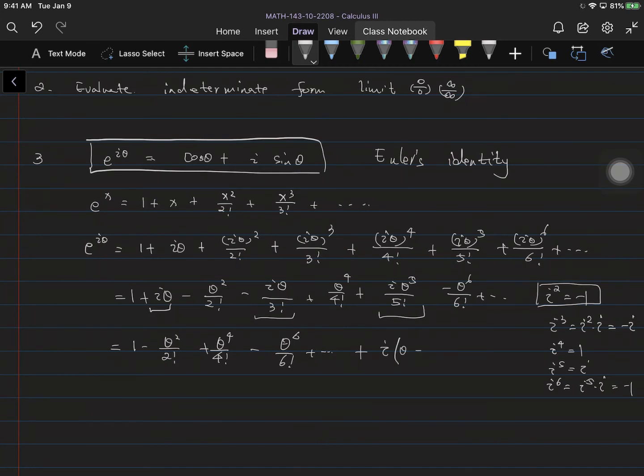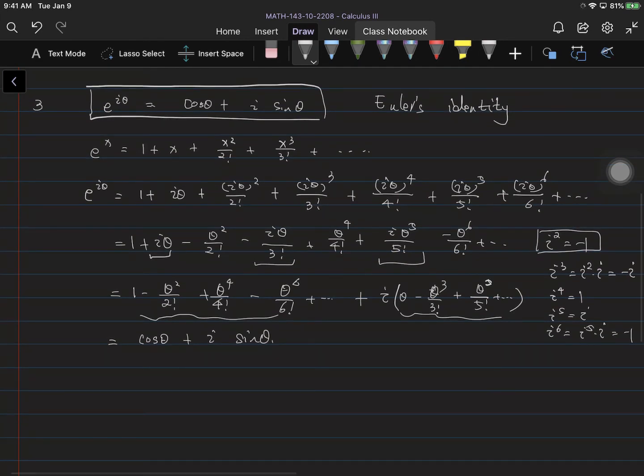So theta minus theta cubed over 3 factorial, plus theta to the fifth over 5 factorial, like this, right? Now we look at those two parts. Actually, they are the Taylor series for cosine and sine, respectively. So this is the even function, that's cosine, plus i times sine theta. You can see this is how Euler's identity comes from. Okay, and in the future definitely you will see this again.